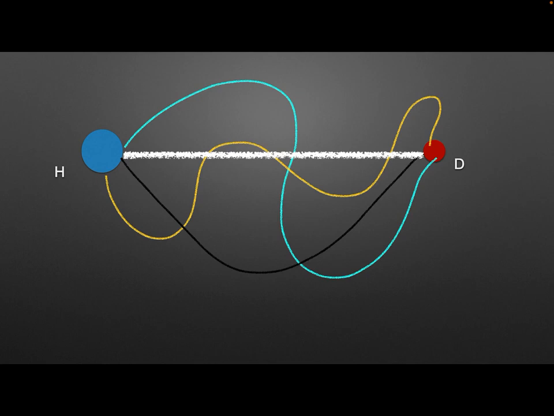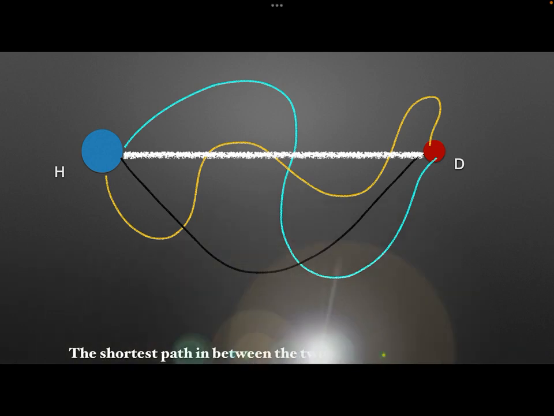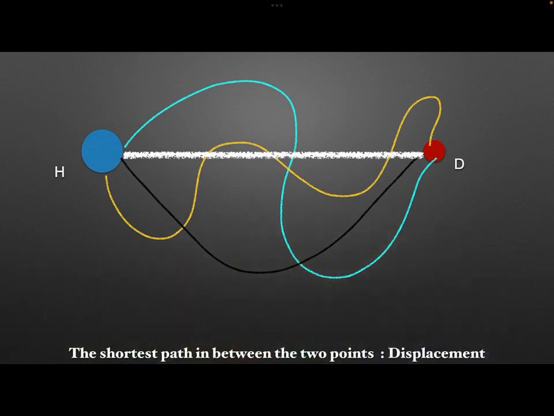You cannot find any other path which is much shorter than this white path. So this is the shortest path between these two points. So the shortest path between the two points is a displacement. So it is a note. You have to take note of this very definition. The shortest path between the two points is a displacement.